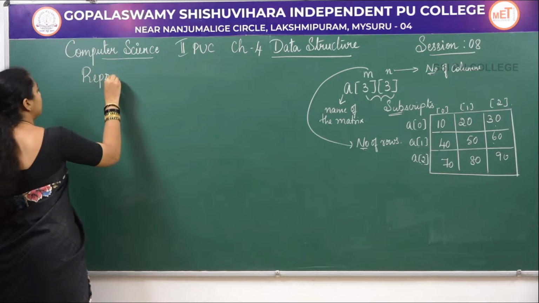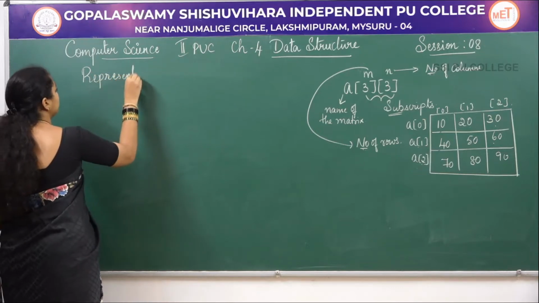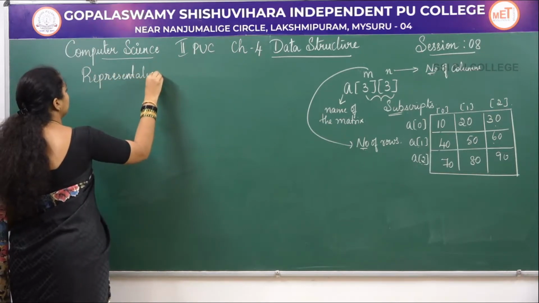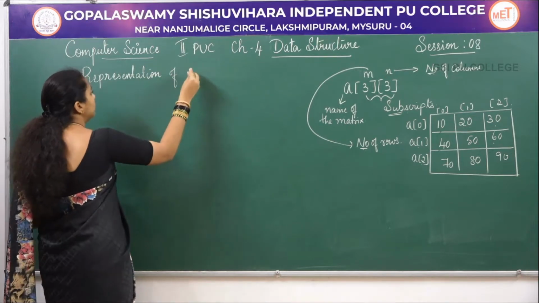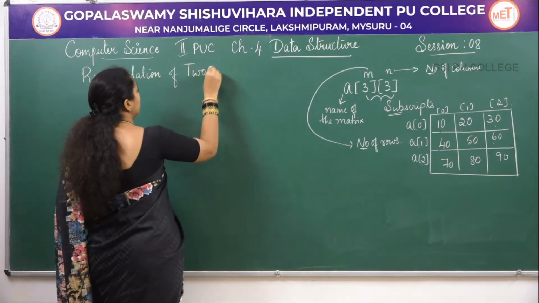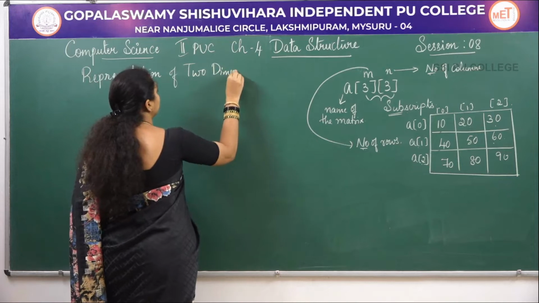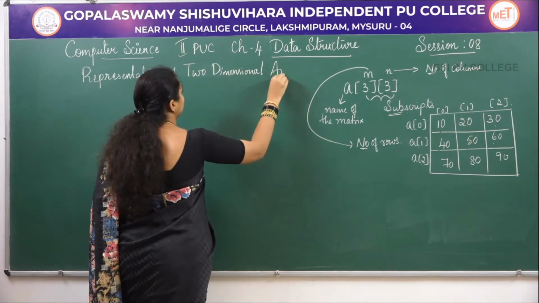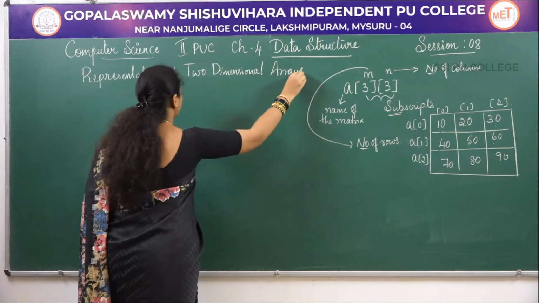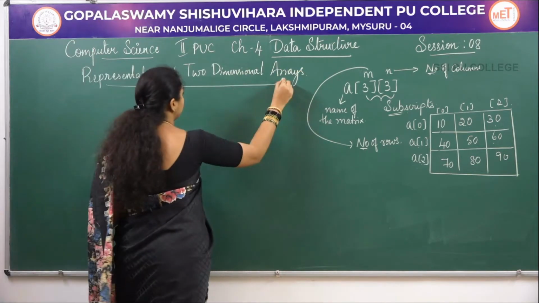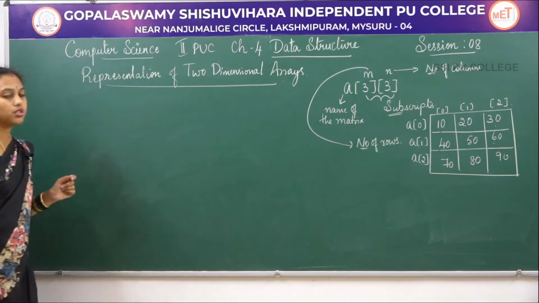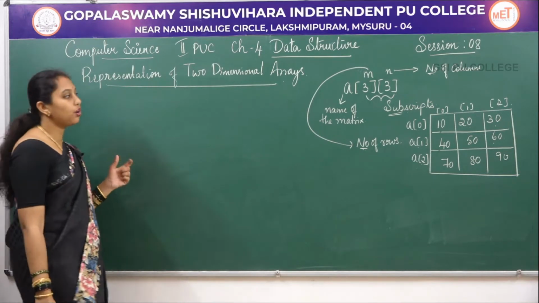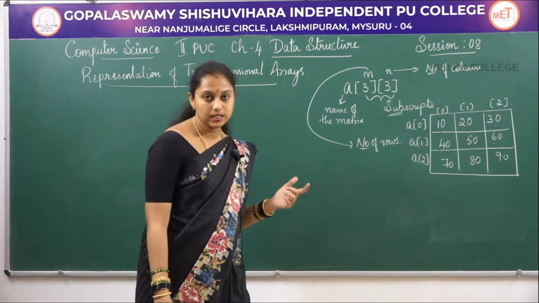Representation of two-dimensional array. Suppose A is a matrix of m cross n.